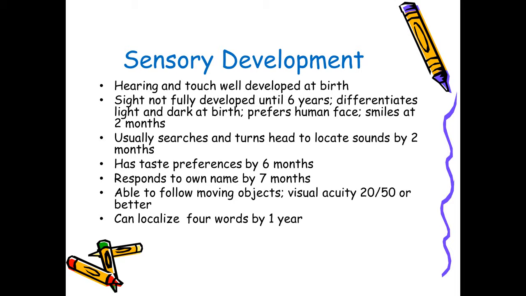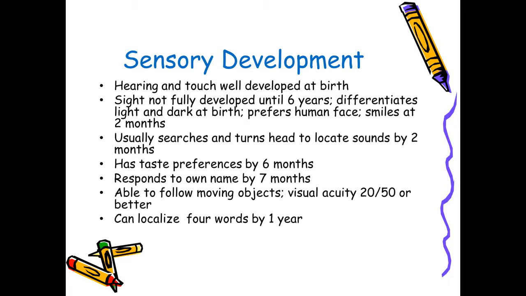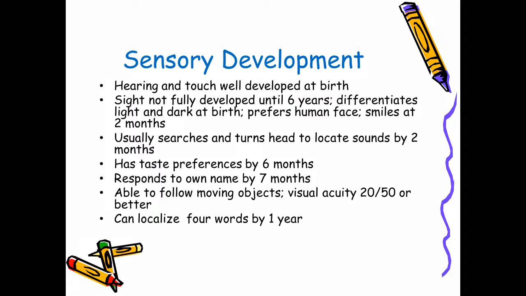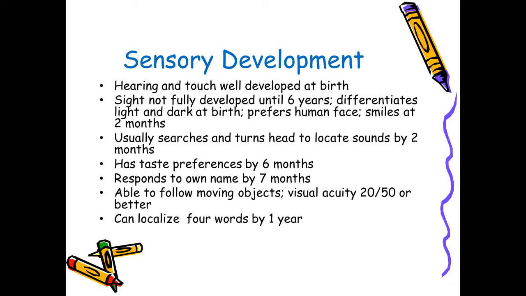They do have vision tests, which have pictures like cat, dog, car, so the child can actually pick out items. So once they've developed that much language, if they're having problems with their sight, they can have visual testing at that time.